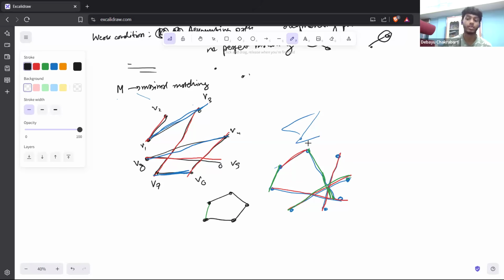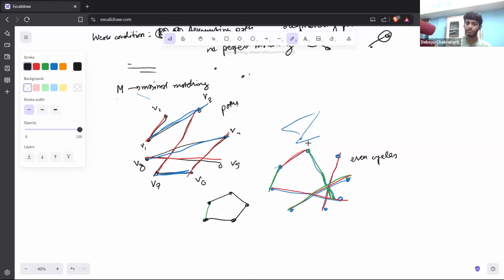Exactly. So you don't have odd cycles. So we found out that you can have paths and even cycles. It turns out it's only a union of even cycles and paths, if you remove the other exterior edges and keep the two matchings.